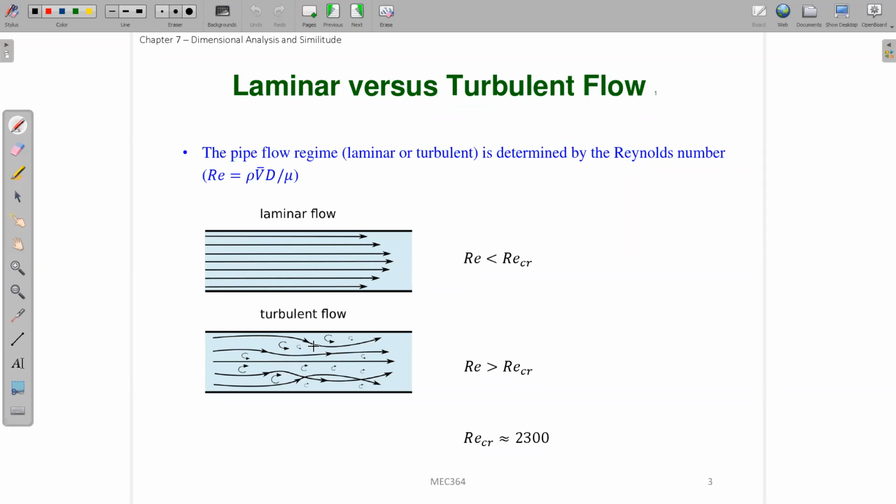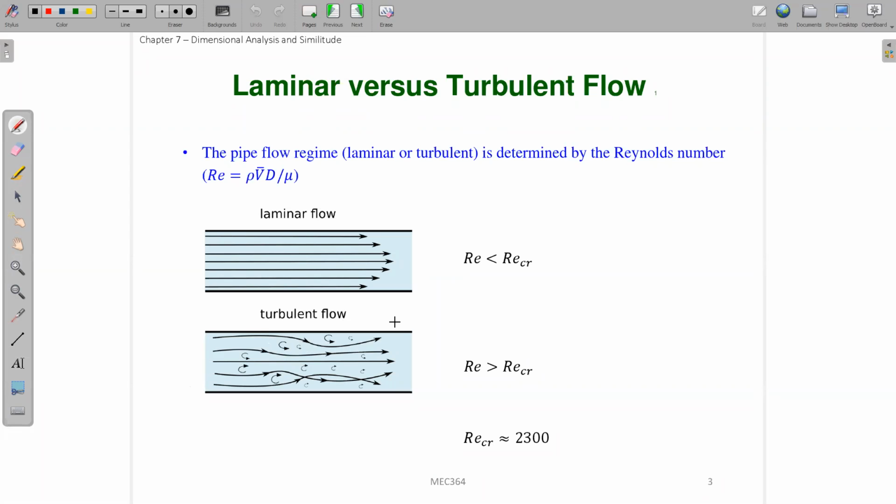So all these flow properties, density, velocity, pressure, temperature, will fluctuate around their mean value. That's why we see that the flow becomes a turbulent flow.